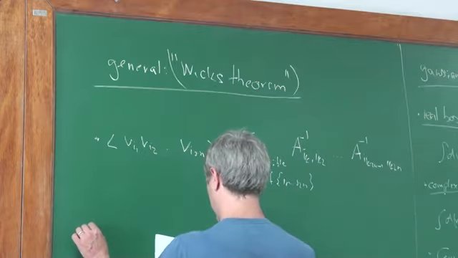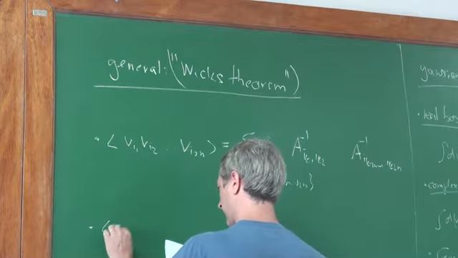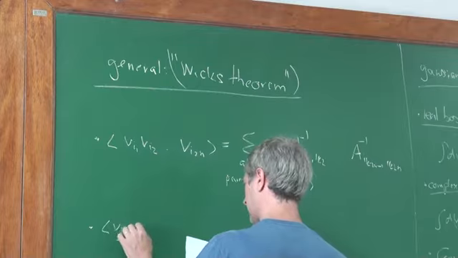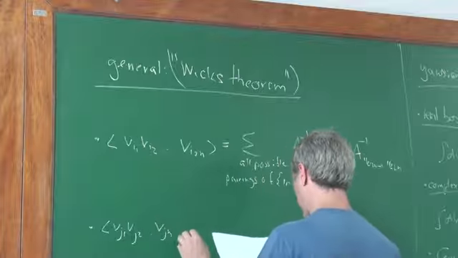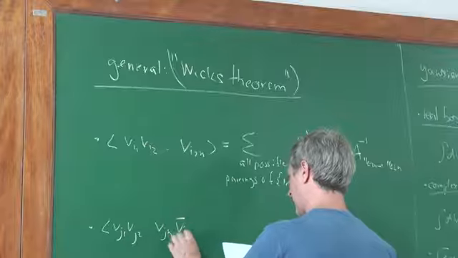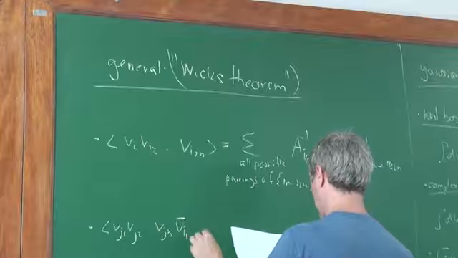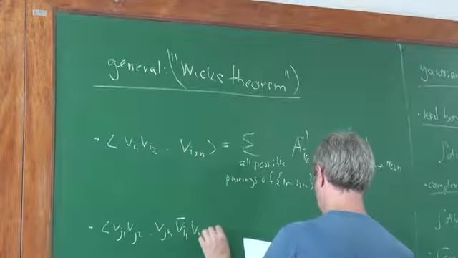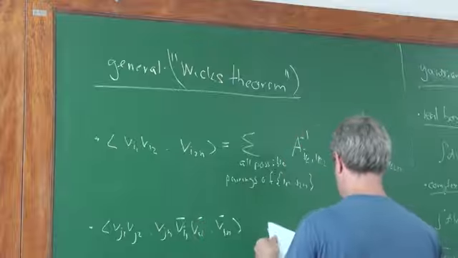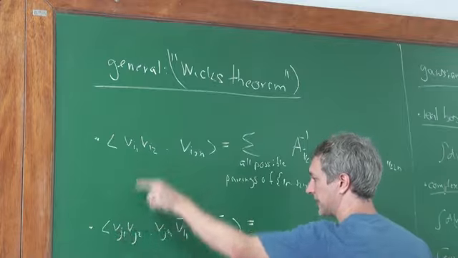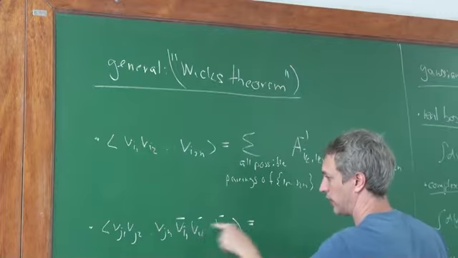Now, if you look at the corresponding complex case, again, 2n variables, and of the 2n variables, n have to be of type V, and the other n of V bar, where the bar here stands for the complex conjugation. And if you look at such an expectation value, then again, the difference is that now you can contract, like, take this with any one of these, and so on.